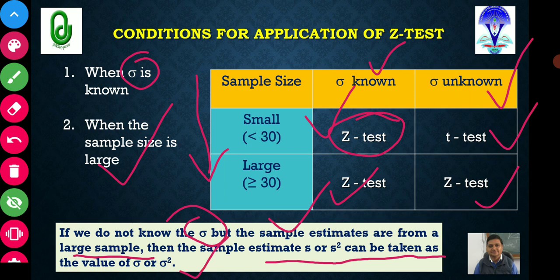So even if you don't know the population standard deviation, but the sample has been taken from a large population, or the sample size is very large, the estimated standard deviation from the sample, that is S or S square, will be considered equal to the population standard deviation or population variance. So this is a very important point. That is why even if you don't know the standard deviation of the population, you can still apply Z test.